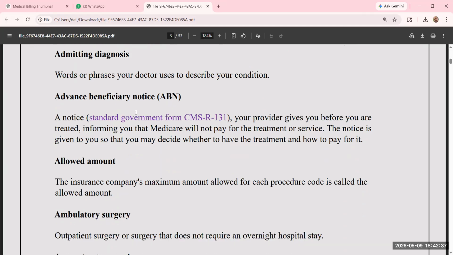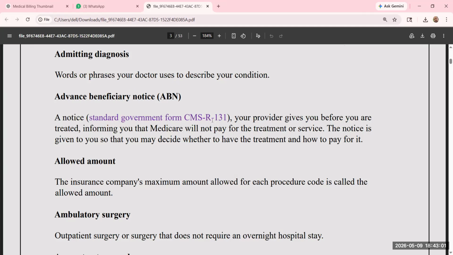Advance Beneficiary Notice, ABN, a standard government form, CMS-R131. Your provider gives it to you before you are treated, informing you that Medicare will not pay for the treatment or service.